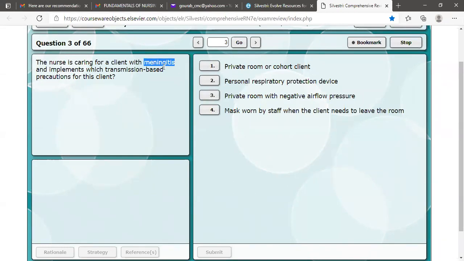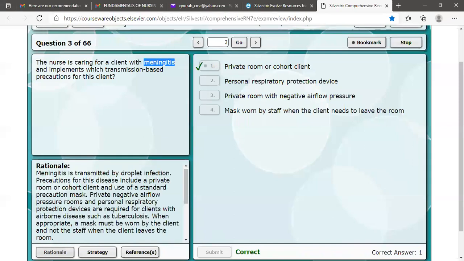But meningitis is a droplet disease, so number 2 and 3 are not for meningitis. Masks put on by the staff when the client needs to leave the room, no, it is not a good choice. Private room or cohort the client with the same organism, the same room if they need to share. It is the best option out of 4.